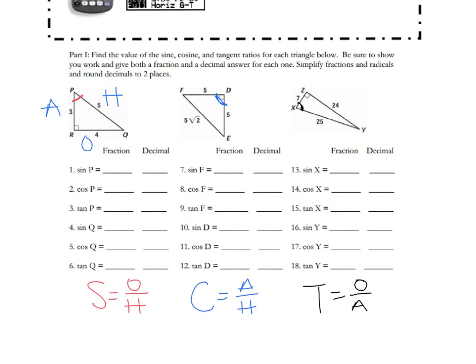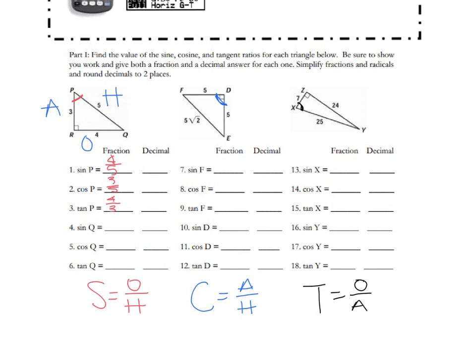So sine of P is opposite, which is 4, over hypotenuse, which is 5. Cosine is adjacent, which is 3, over hypotenuse, which is 5. And tangent of P is opposite, which was 4, over adjacent, which is 3. So those are my fractions for sine of P, cosine of P, and tangent of P.